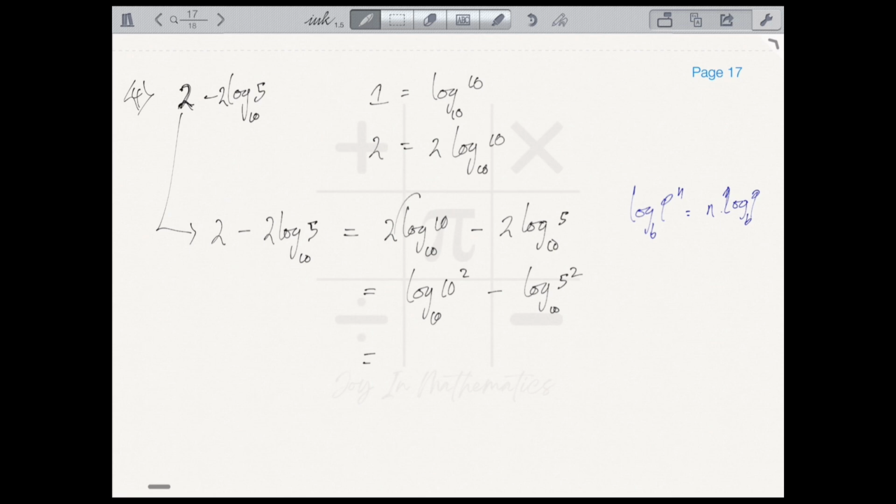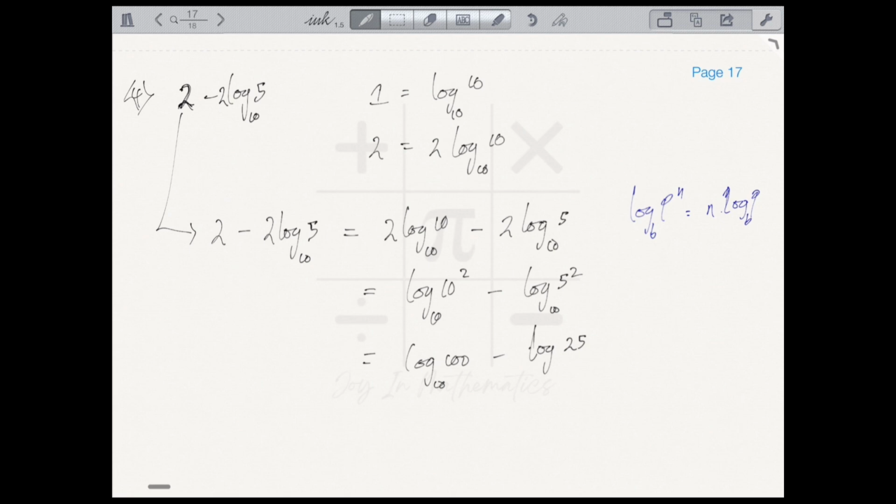Because we cannot add log 10 to base 10 and log 5 to base 10 together, though they are of the same base, it cannot be subtracted or added together. So this will give us log 100 to base 10 minus log 25 to base 10.